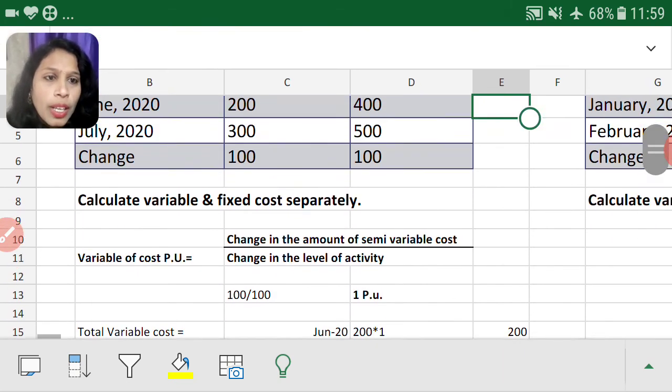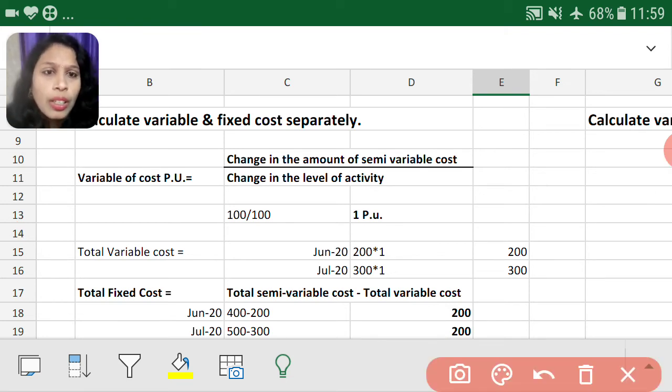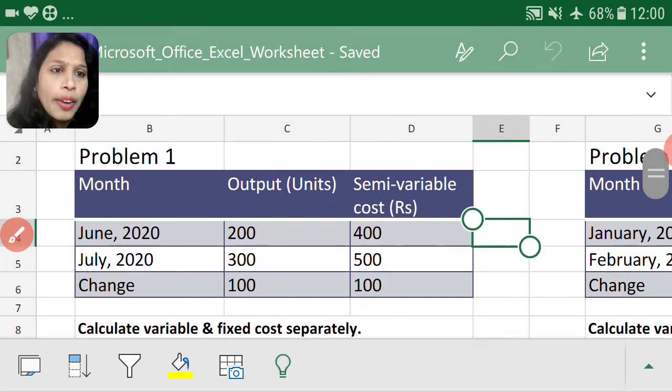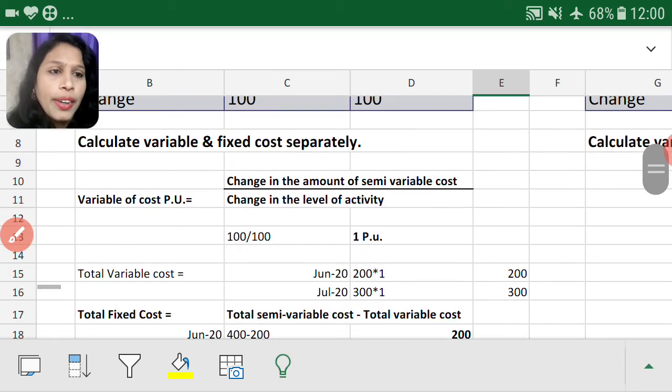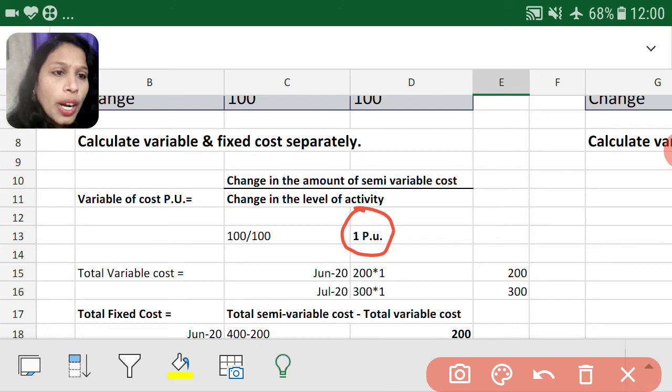So here we calculate the total variable cost in the month of June 2020: 200 units at 1 rupee per unit. So 200 units into 1 is equal to 200.